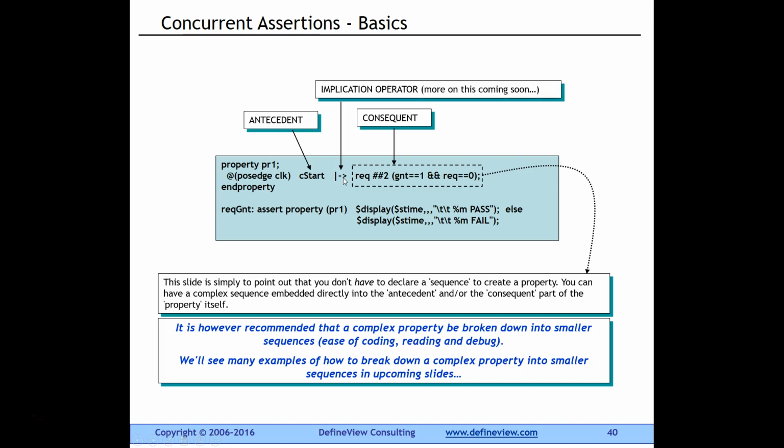Have hierarchical sequences too. We'll see more about that. And then tie them all together, and in a property define what I call an intelligent antecedent and fire the consequent, which will have a sequence here, which will call one sequence, which may call another sequence, and so on and so forth. So I will show you exactly how I break down complex specs into smaller sequences and then design the assertion. It will be much easier to design and much easier to debug.